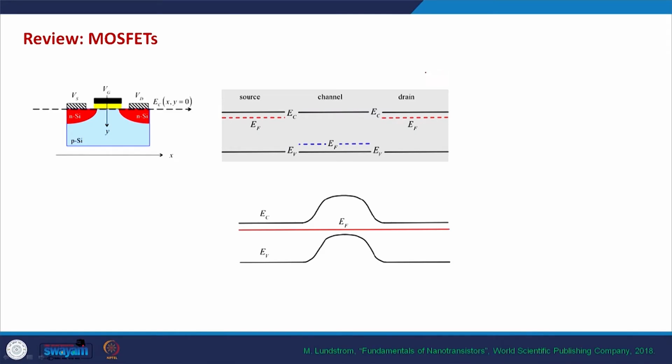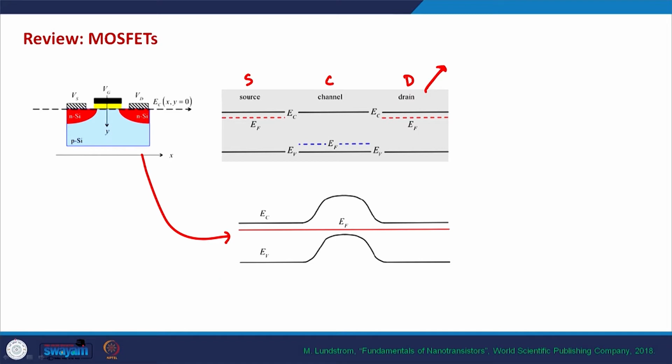These are the band diagrams of the source region, the channel region and the drain region, assuming that they are not connected with each other. And in an actual MOSFET, where the source, the channel and the drain are connected, this is how it looks.